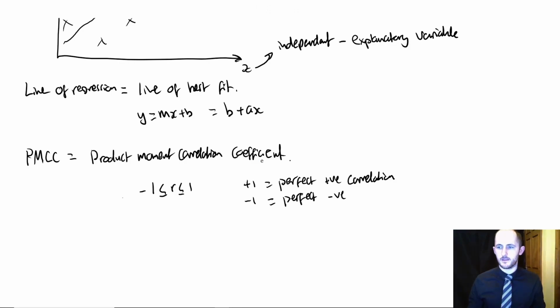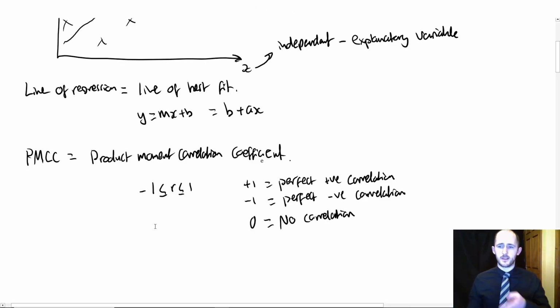And obviously right in the middle there's going to be no correlation. So the closer the number is to 0, the less correlation there is. The more negative it is, the more negative correlation there is, the more positive it is, the more positive correlation. And that's pretty much all the notes you need to do.